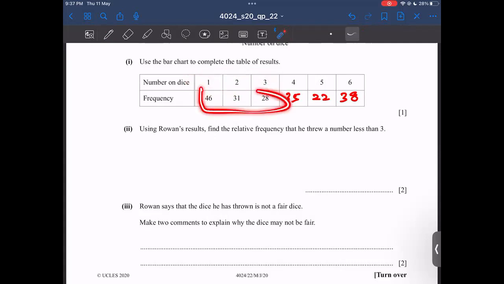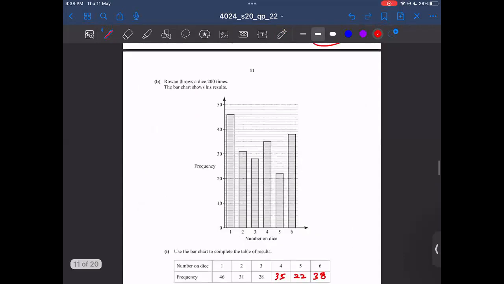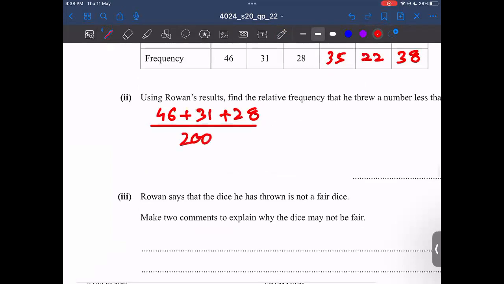What are their frequencies? 46, 31, and 28. The relative frequency is the sum of the frequencies that are less than 3, and the total frequency is the sum of all these frequencies, that is 200. So 46 plus 31 plus 28 divided by 200.